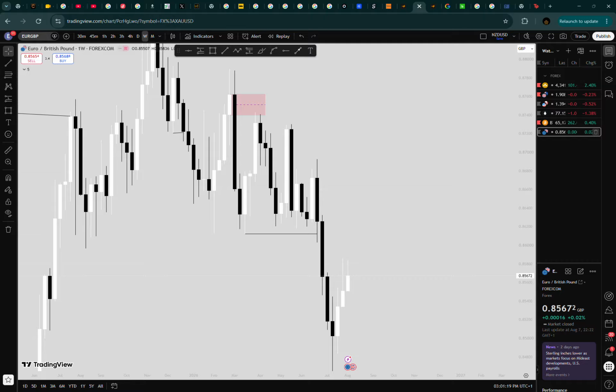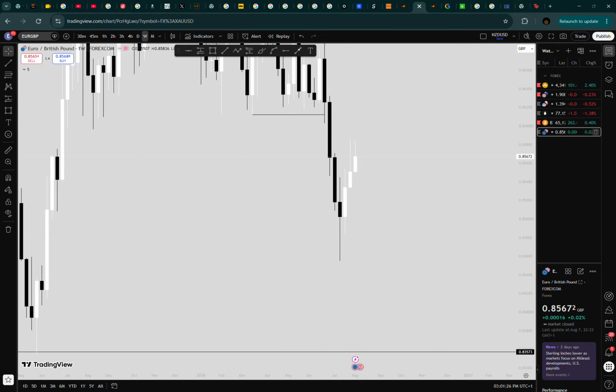Now the directional bias is that price moves from zone to zone. Let me write it out.